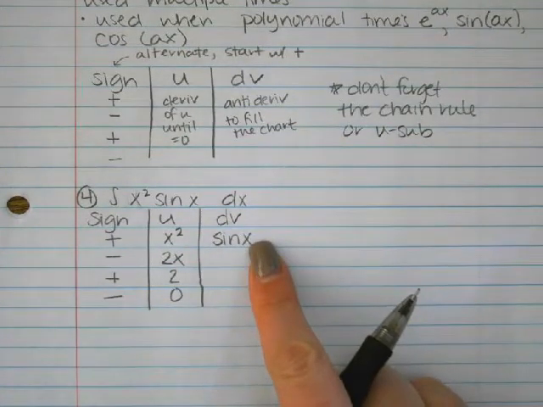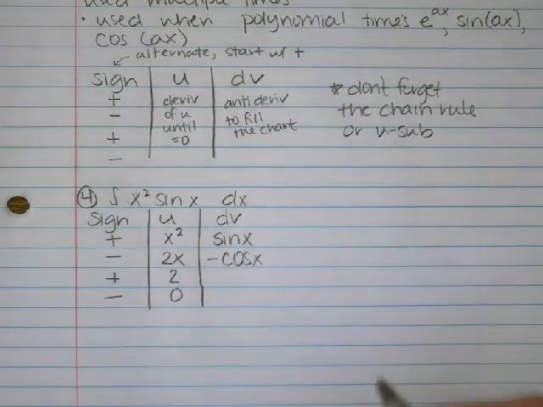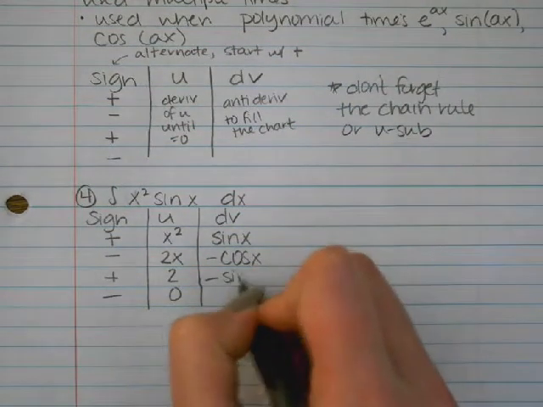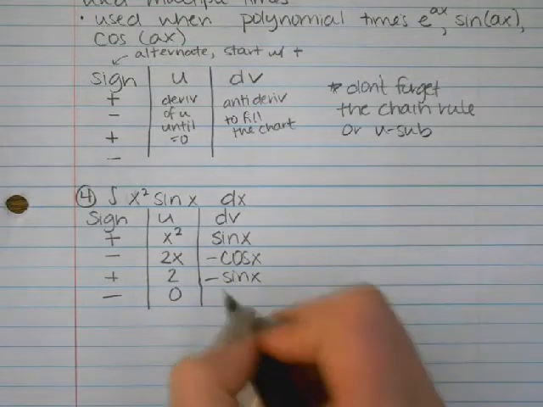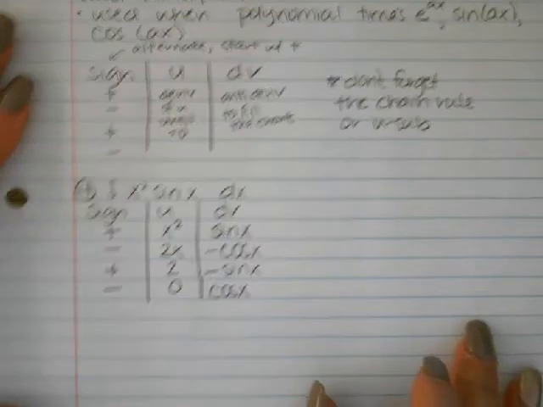What is the antiderivative of sine? Negative cos. What is the antiderivative of negative cos? Negative sine. What is the antiderivative of negative sine? Cos. Okay. So we filled out the table.